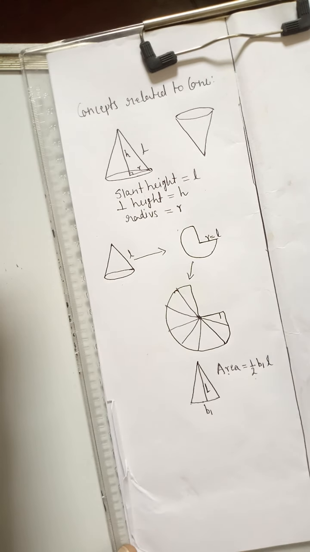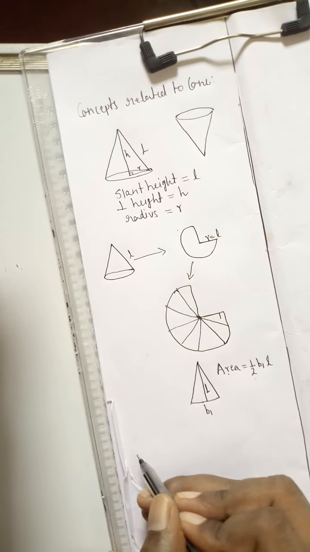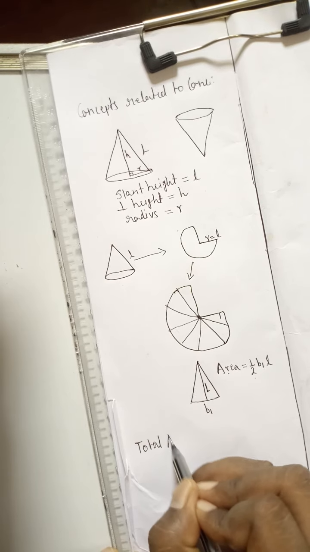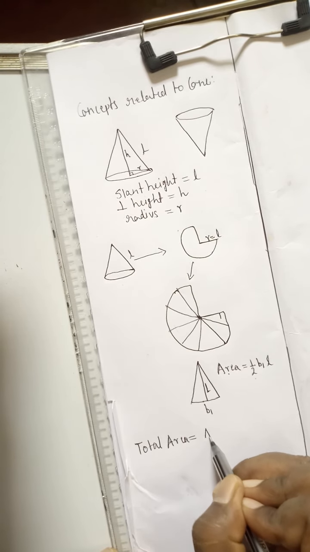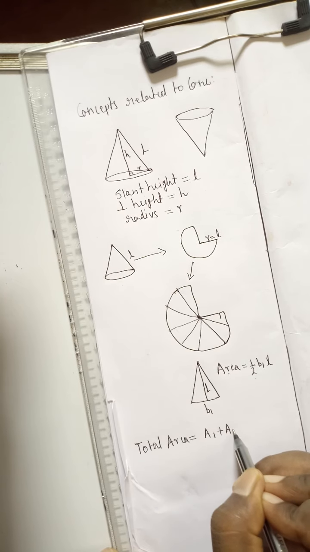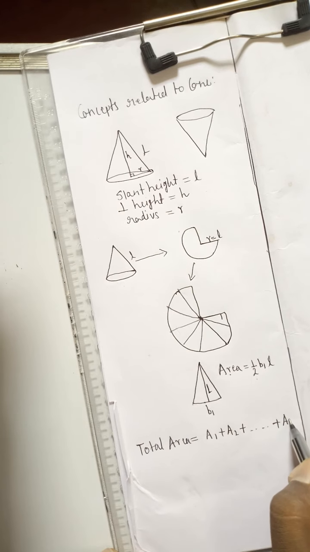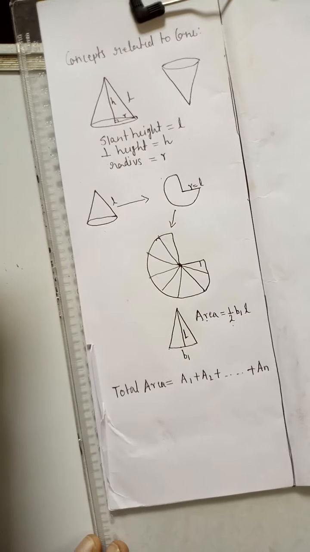What happens when we have n number of pieces in this figure? So total area equals A1 plus A2 plus up to An, depending on how many triangles you have.